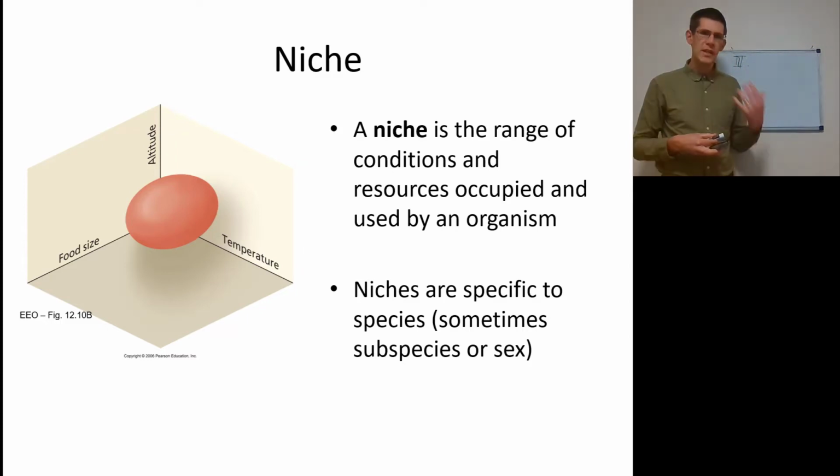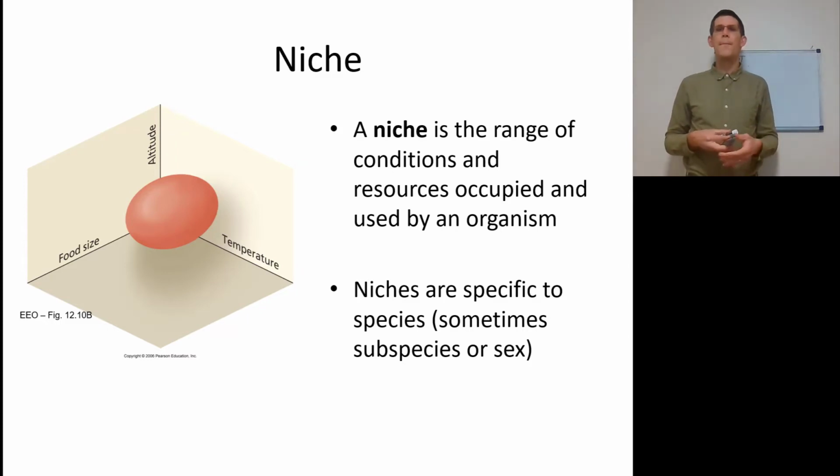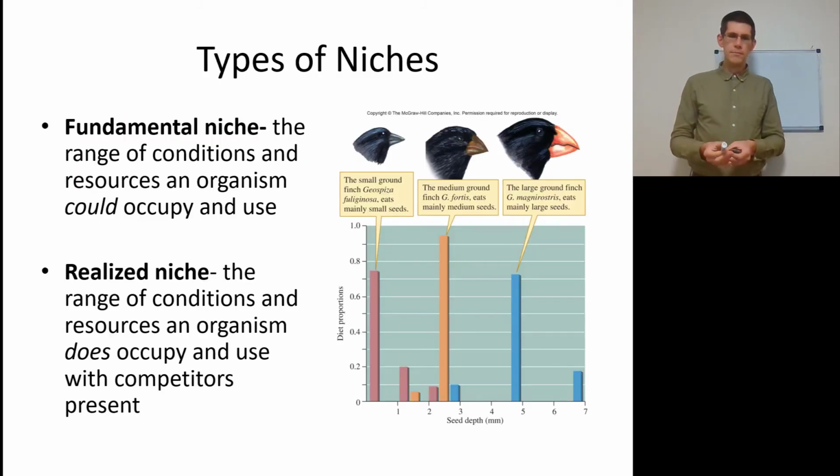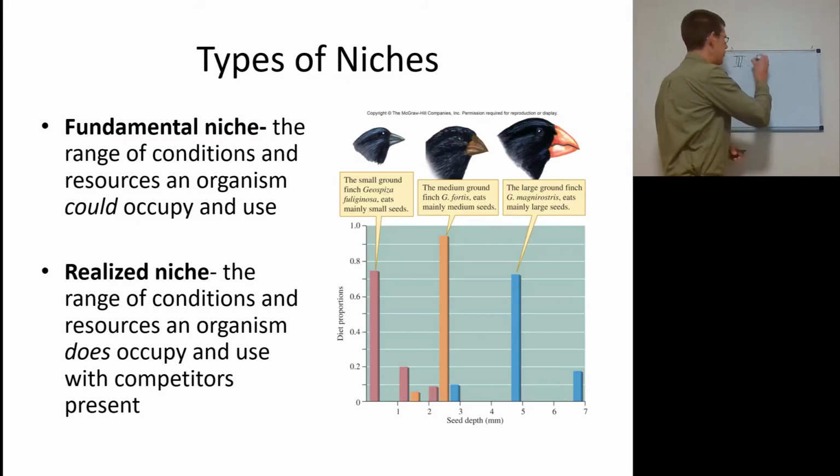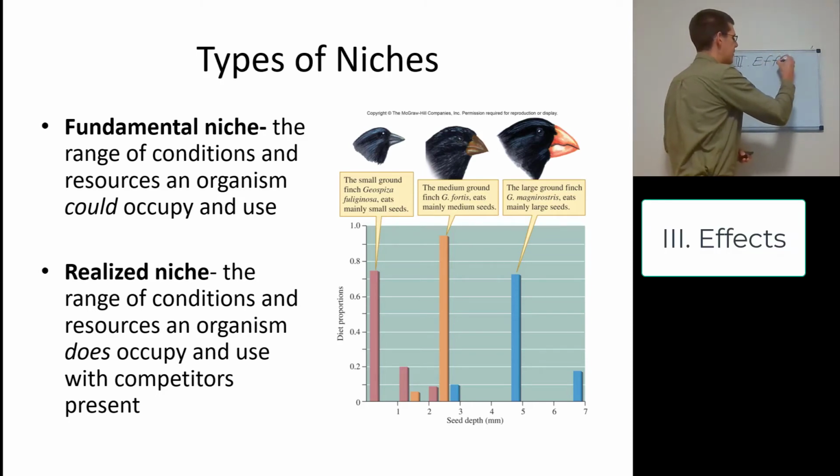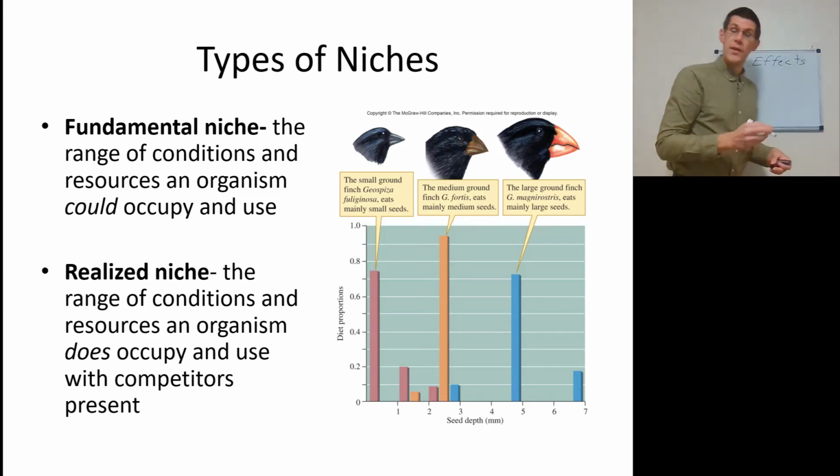Now, niches are generally specific to species, but sometimes 2 species occupy the same niche. And we're going to see that if 2 species are occupying the same niche, that is the essence of competition: two species are trying to occupy the same niche and they compete with one another. Now there's a way around this.